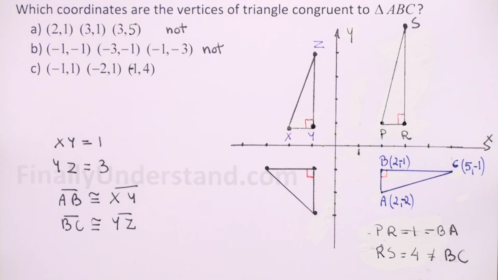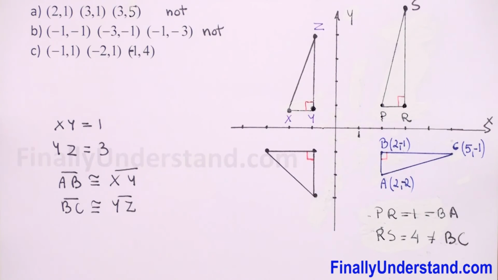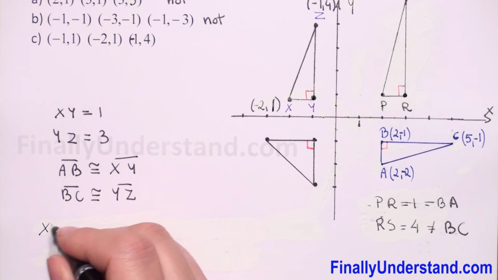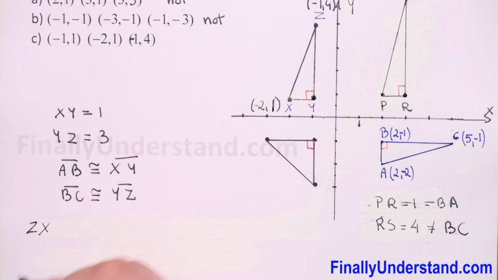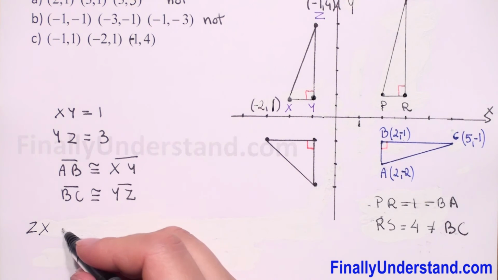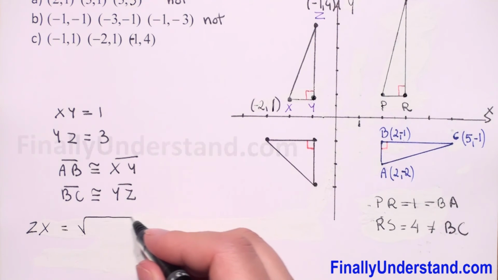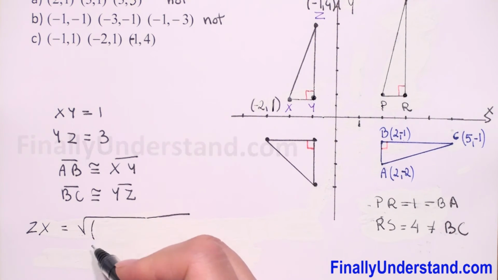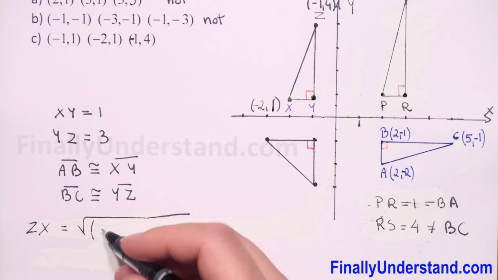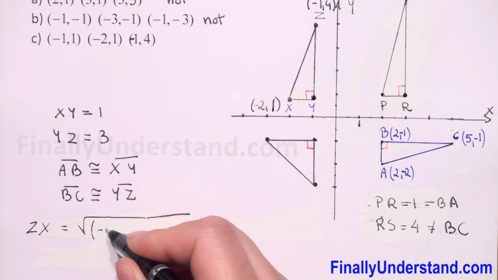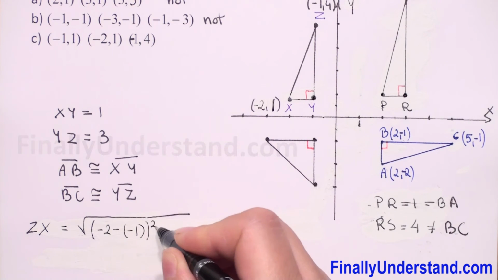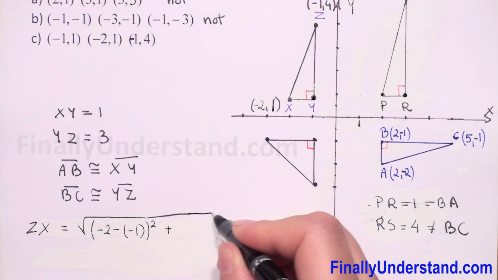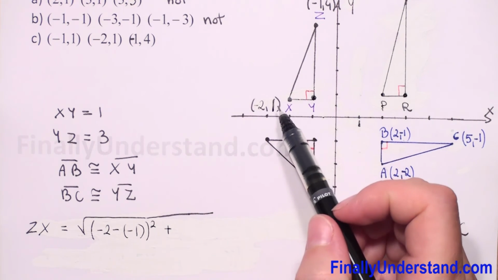So let's check the distance between points X and Z. You can write ZX, it doesn't matter. ZX is equal to the square root of, first we have to subtract X coordinates, so we have negative 2 minus negative 1 to the second power plus, and now we have to subtract the second coordinates.